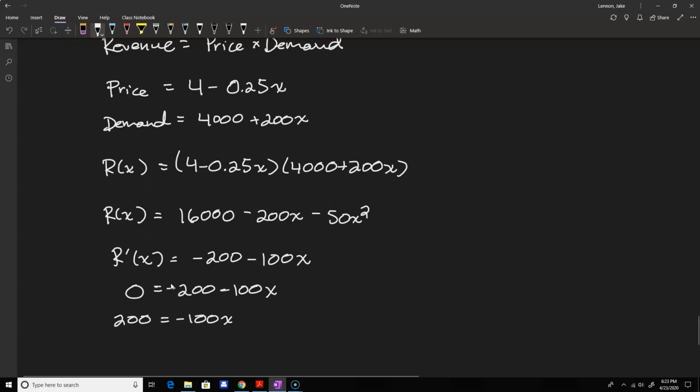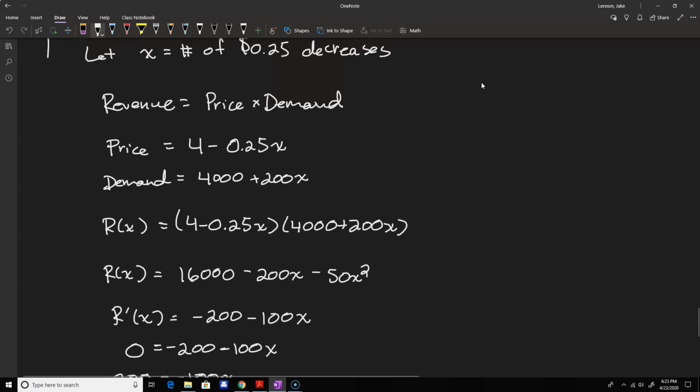So dividing by minus 100, we get negative 2 equals x, which means actually the price they were charging wasn't high enough. They're going to optimize their revenue if rather than, so well, let's just plug those things back in.